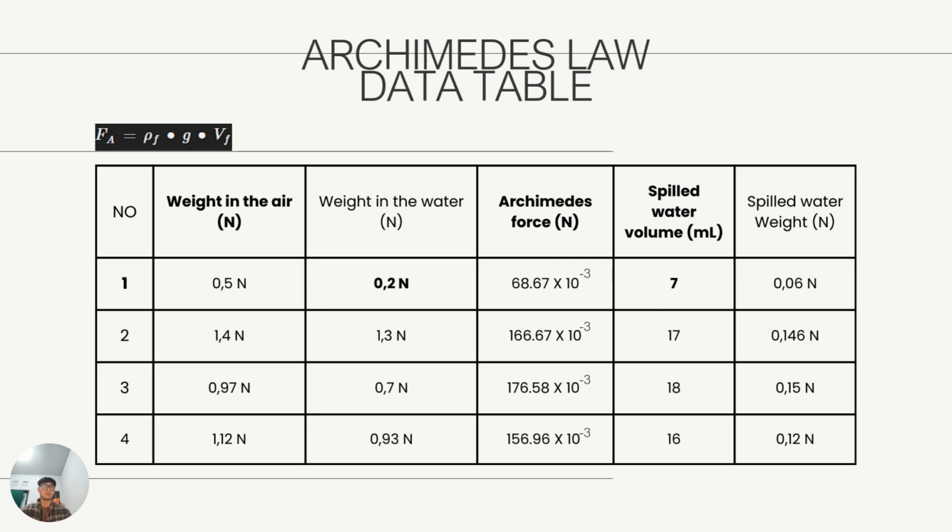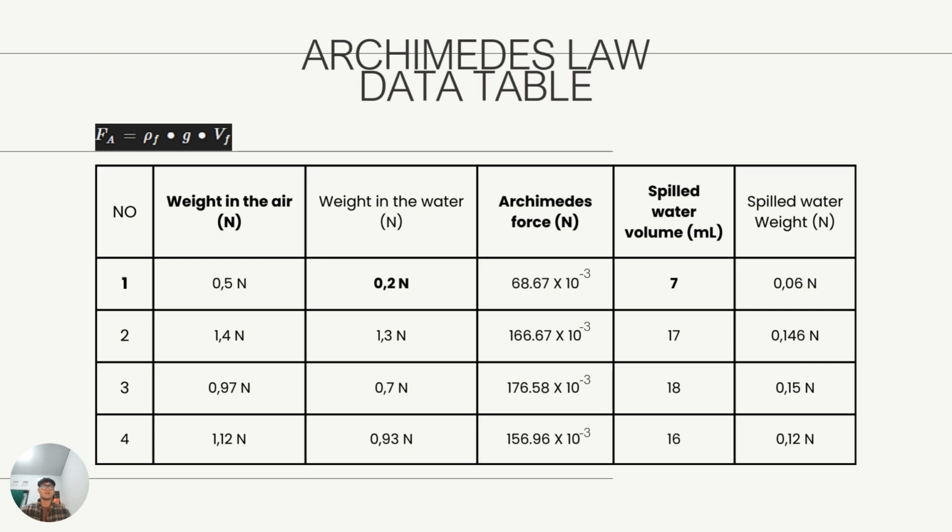For number one of our experiments, the weight in the air is 0.5 Newton, and the weight in the water is 0.2 Newton. The spilled water volume is 7 milliliters, and the spilled water weight is 0.06 Newton. How do we get the spilled water volume? By measuring it in the glass beaker, where we can see its measurement.